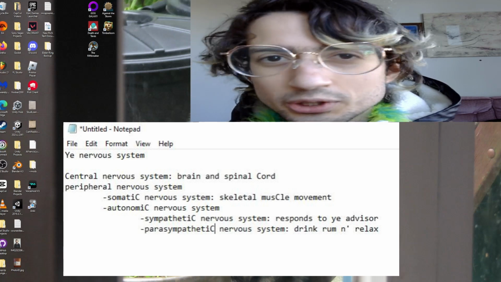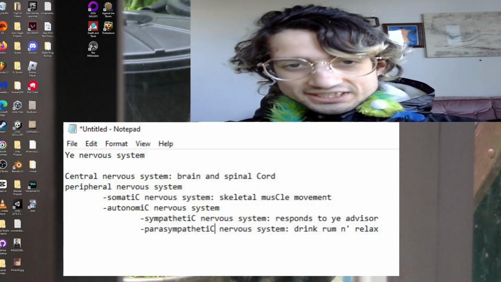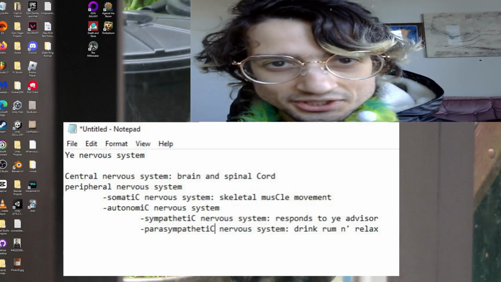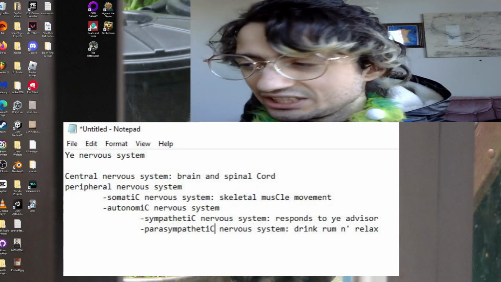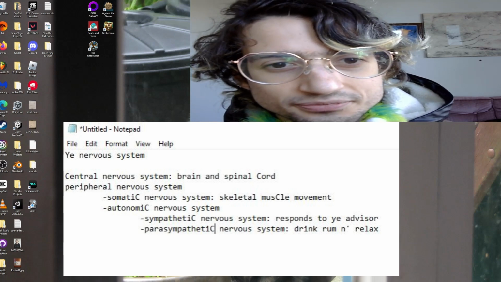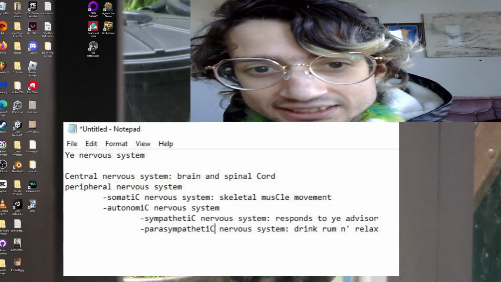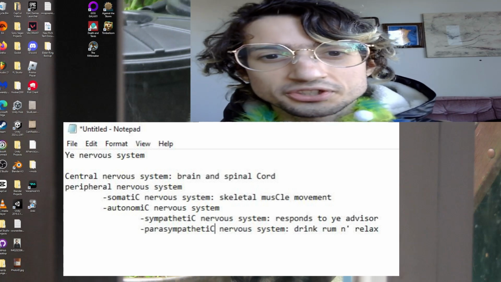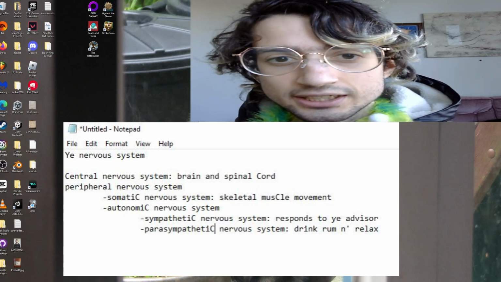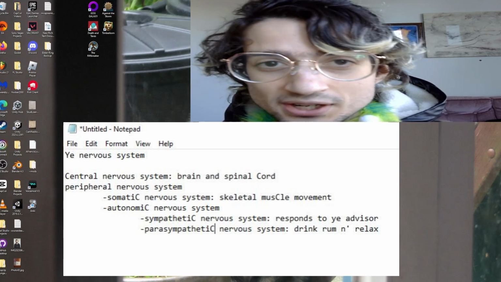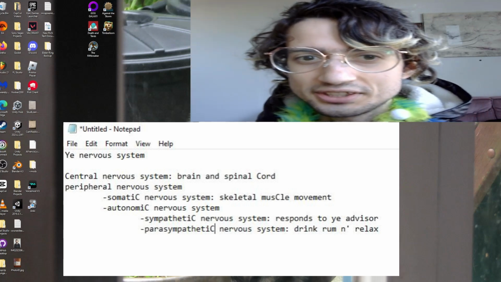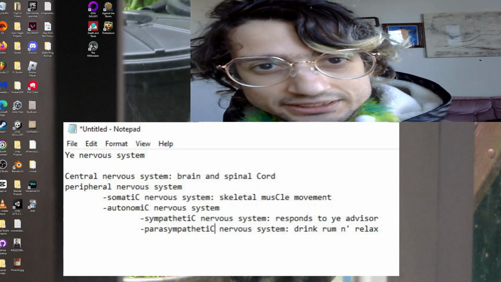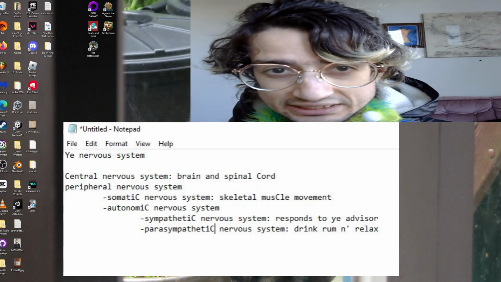Peripheral nervous system is what extends out from your spinal cord and back into your spinal cord, like in your arms and your legs. This is your somatic nervous system, which controls your skeletal muscles, and also your autonomic nervous system, which is comprised of your sympathetic nervous system and your parasympathetic nervous system.